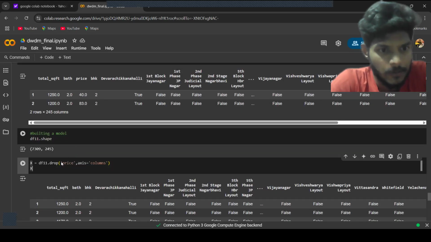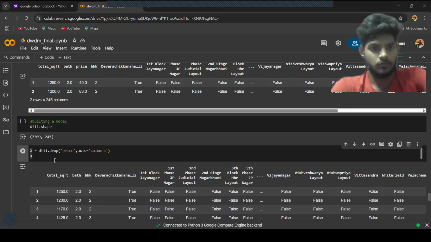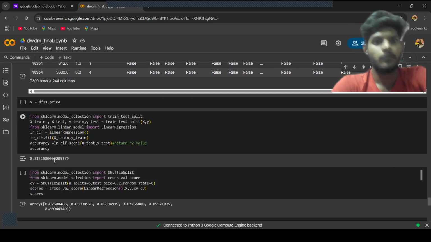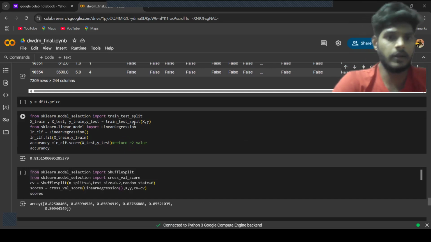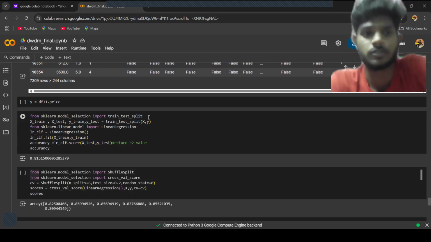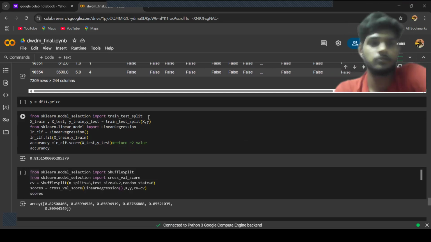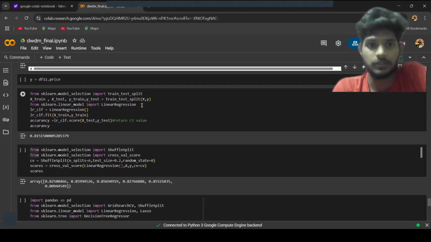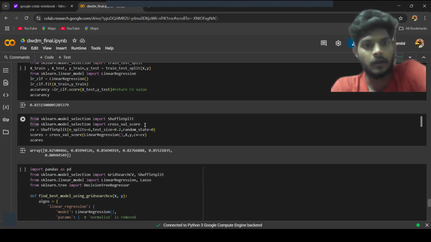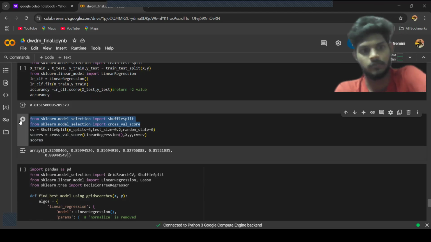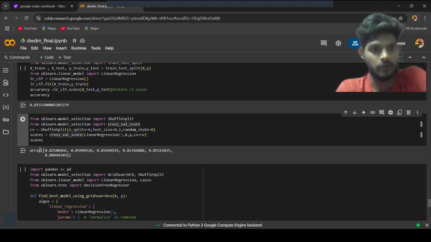Here we use a linear regression model. We are using sklearn for the train test split, for splitting the data, and the model used is the linear regression model. Here you can see the accuracy of nearly 81%. And here we are using a cross validation method for the linear regression, you can see the R square values.